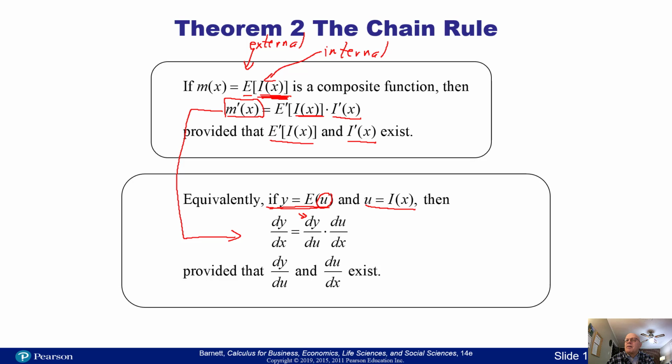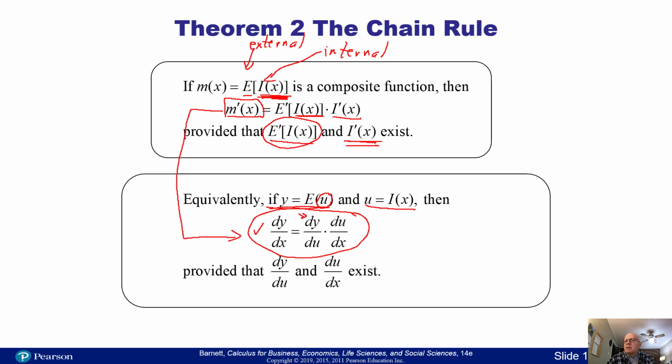On the right side of the equation, we take the derivative of y with respect to u. In other words, we take this part right here and take the derivative, but since there's a u in here, we take it with respect to u. And then on the second one, we'll take the derivative of u, remember this is u, the inside function, with respect to x. Notice that if you look at this, you're looking for dy dx.